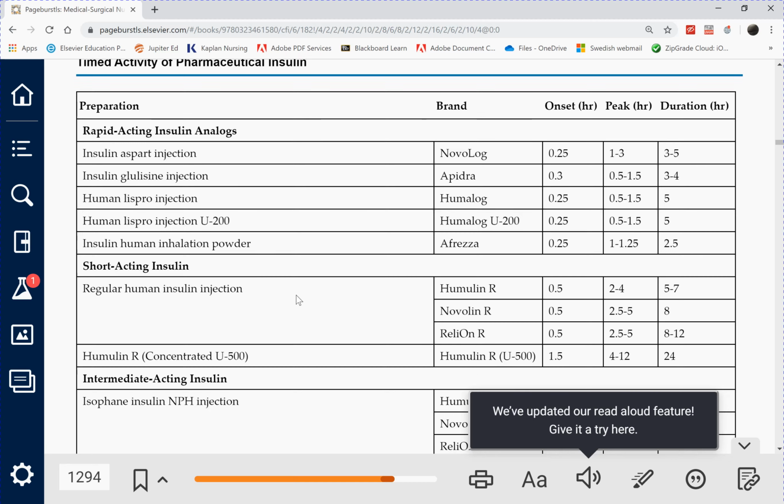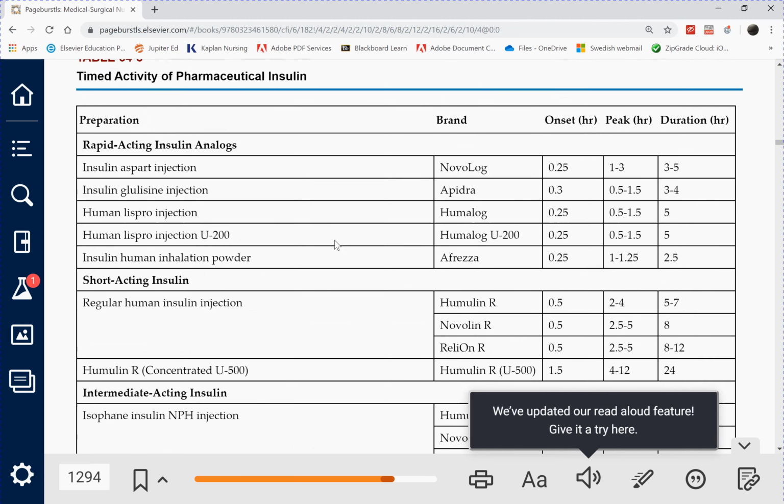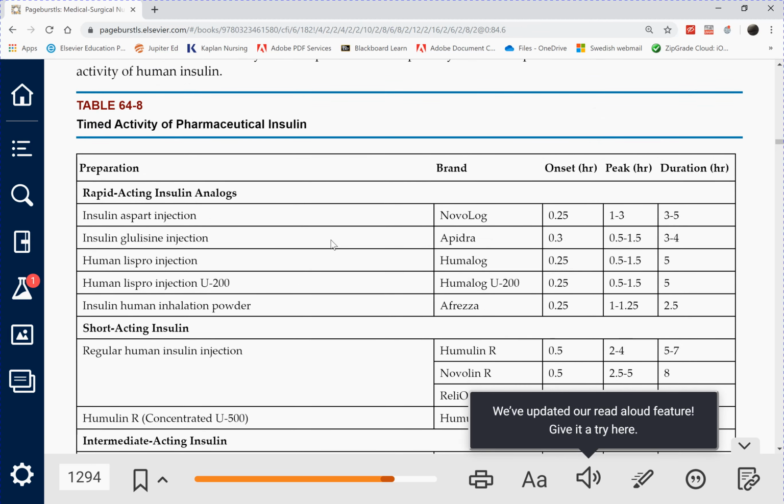All right. We do have inhalation insulin powder now. These are sprays. Okay, these are new. They are not very commonly used in the hospitals yet, but at home the patients may already be on these. They made the powders, the sprays, because it's convenient. There's no need to inject anything.